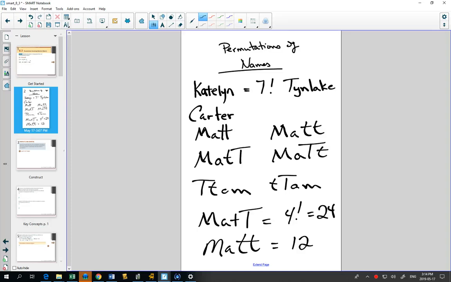And that will work because if you listed all 24 of them, does it make sense that there would always be a pair that's the same? If you listed them with a capital T and a little t, there would always be a pair that's the same, just with the t's mixed up. And so when we have those identical objects showing up, we would have to divide by 2, right?